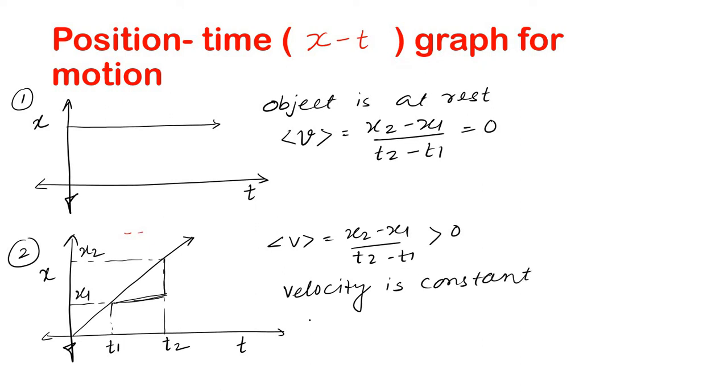Such a motion is called uniform motion, constant velocity motion. The position is continuously changing with respect to time, but with the same velocity. So this is the second case. Third case is where we have a graph like this.